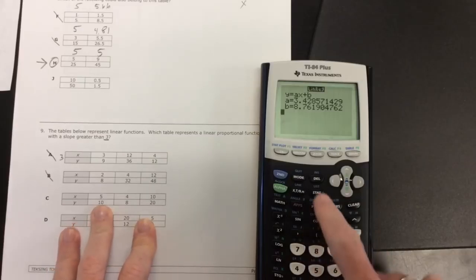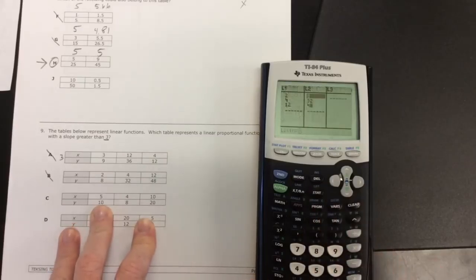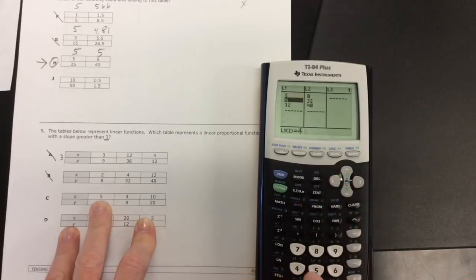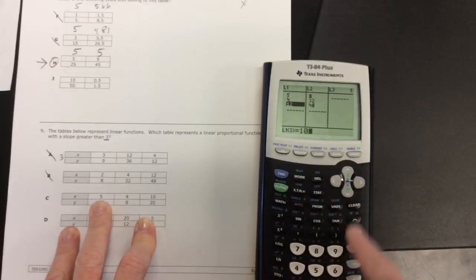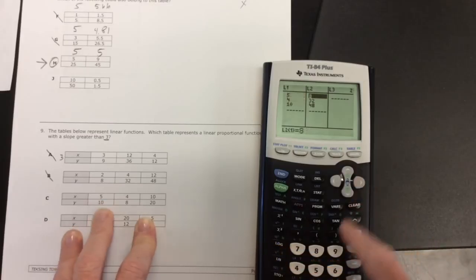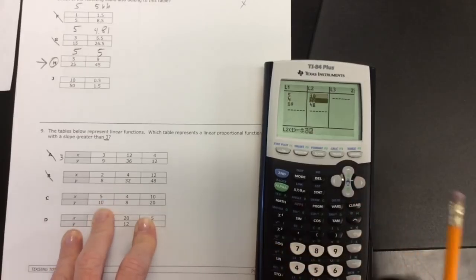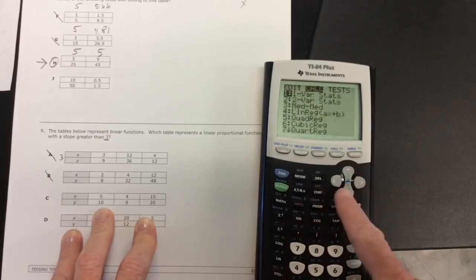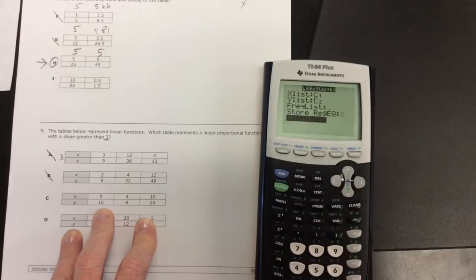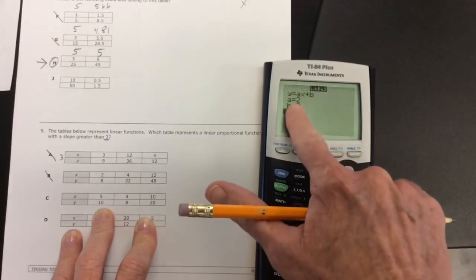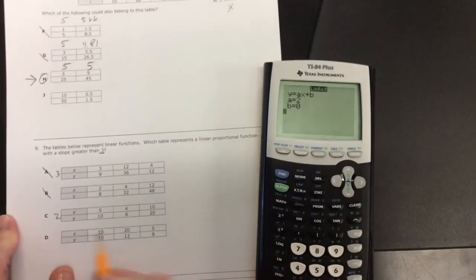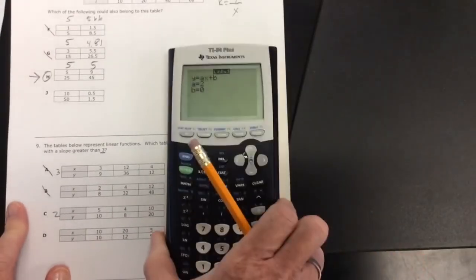Let's look at the next one. Stat, edit, tab over here, and we have a 5, a 4, a 10, a 10, an 8, and a 20. Stat, calculate, 4, and that's a 2, and that is not bigger than 3.